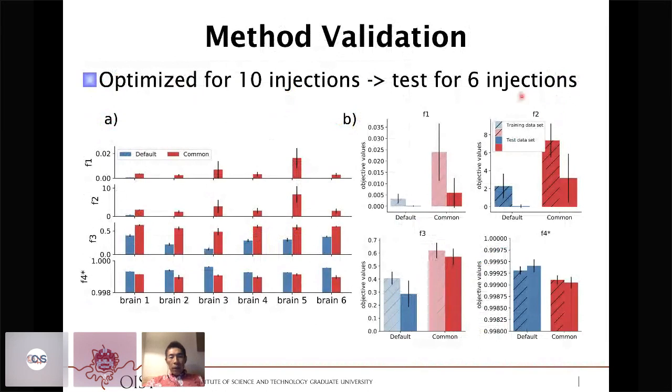We optimized the parameters using 10 injection sites data, and then tested for 6 injection sites, which were not used for optimization. And we could verify good generalization of the performance, even for the brain regions which were not used for optimization. So this can be used for the validation of the fiber tracking algorithms.